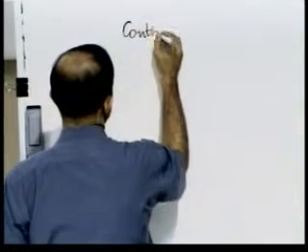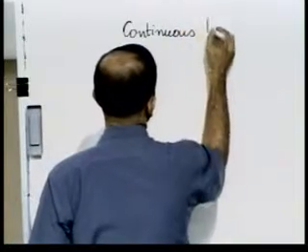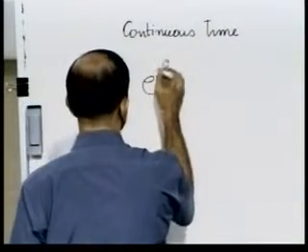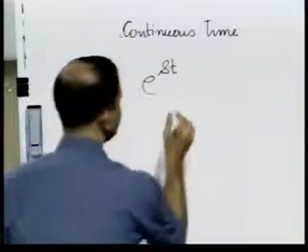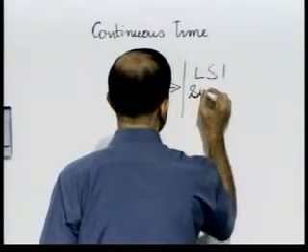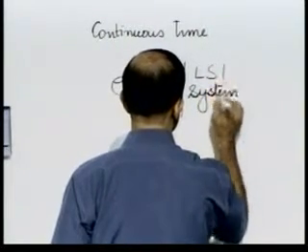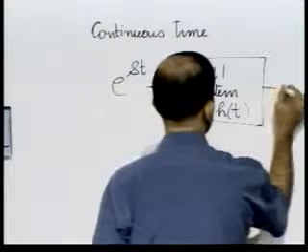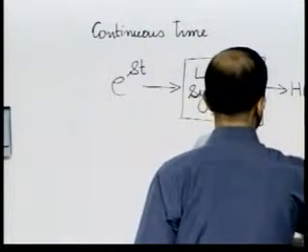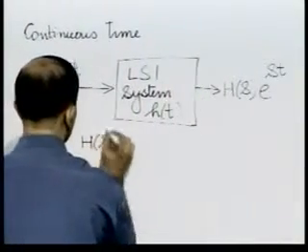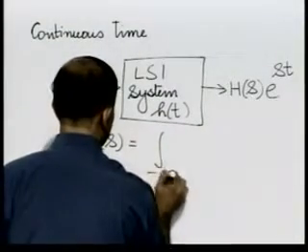You see, we have continuous time, discrete time. Continuous time, the more generalized eigenfunction was e raised to the power of st, going into the LSI system with impulse response h(t), resulting in H(s) e raised to the power st, where H(s) is the Laplace transform of h(t).